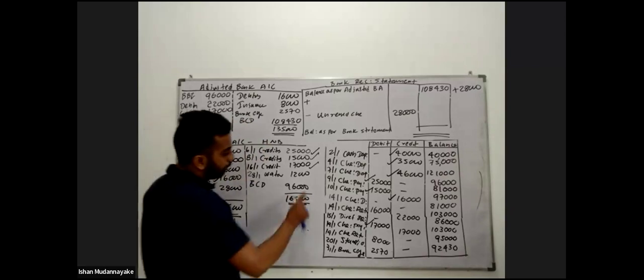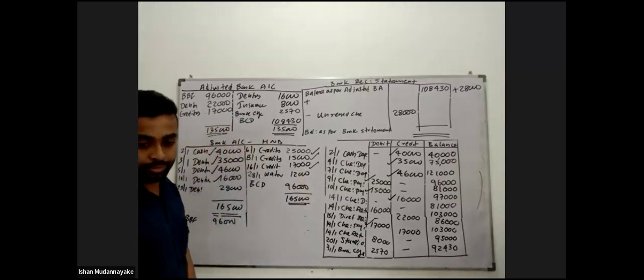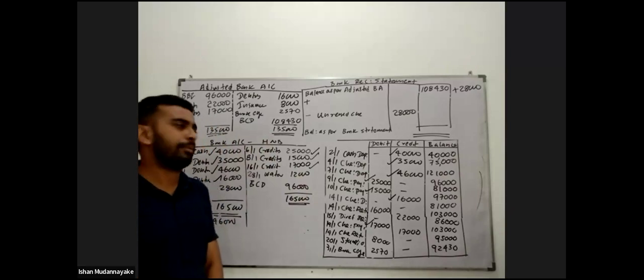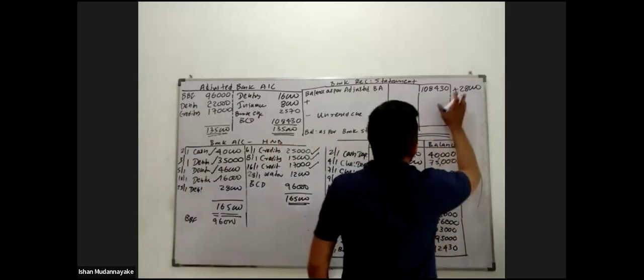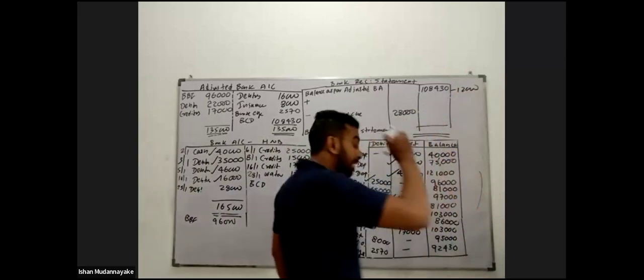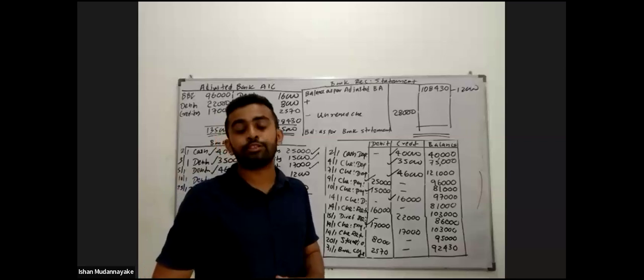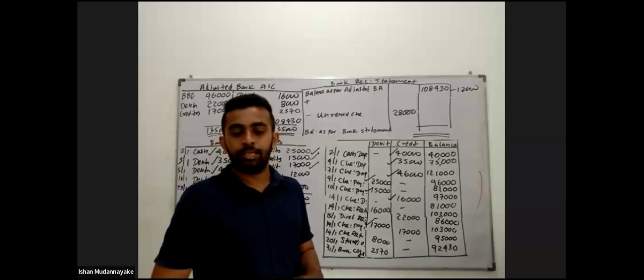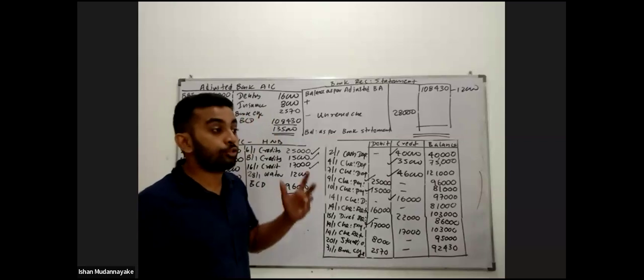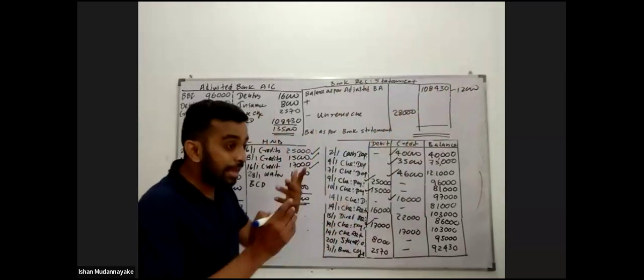In the bank account, you have recorded 10,000 on the credit side, but still the bank has not paid. The bank has only an unpresented check. You have deducted a 12,000 check, but still the bank has not paid. Although you deducted, the bank has not deducted. So in the reconciliation you need to provide this information to top management. I have deducted, but still the bank has not deducted.